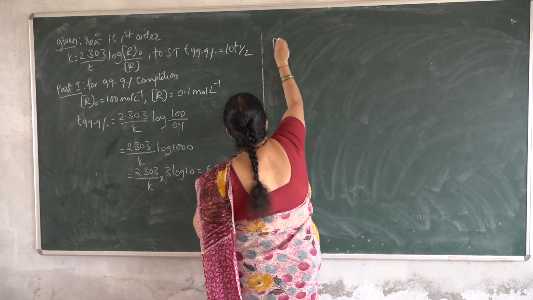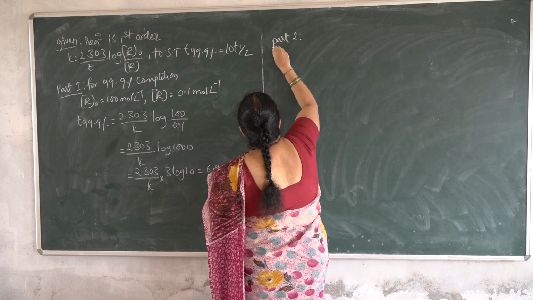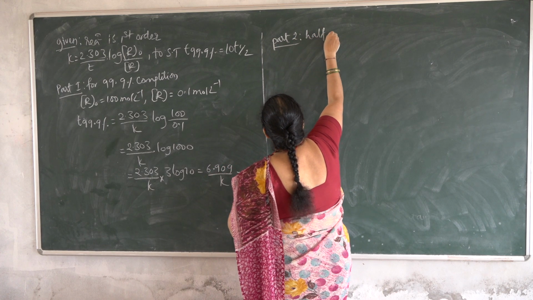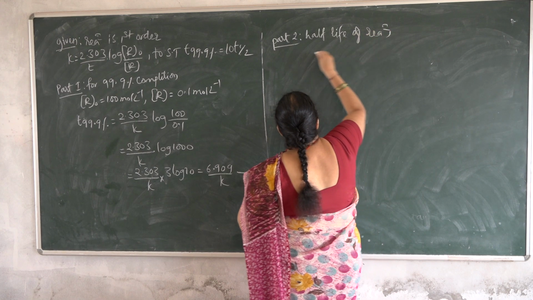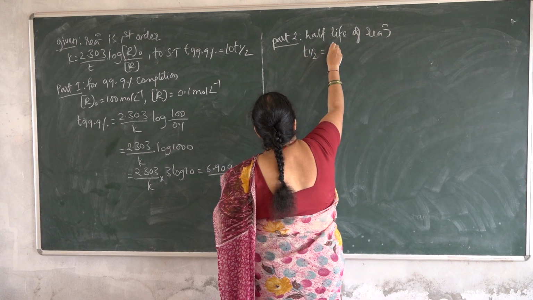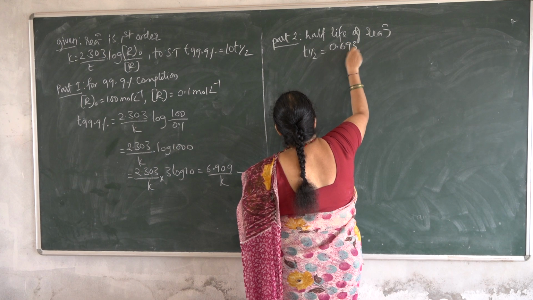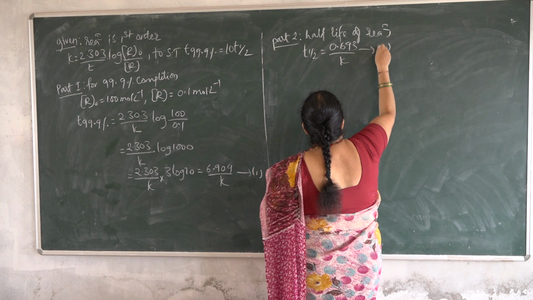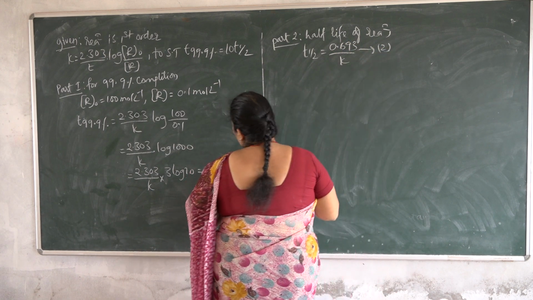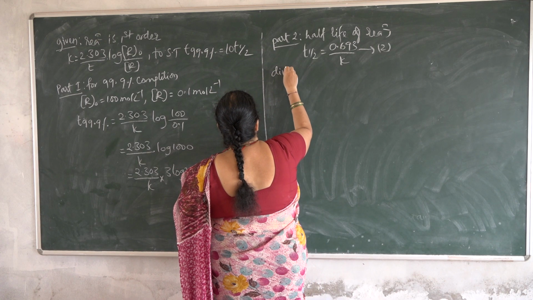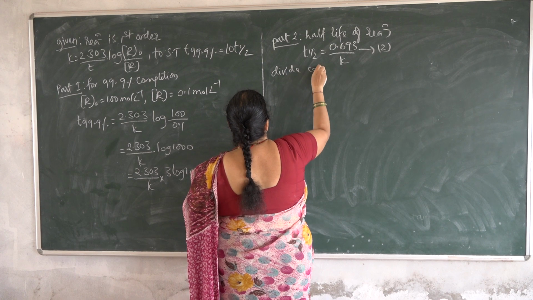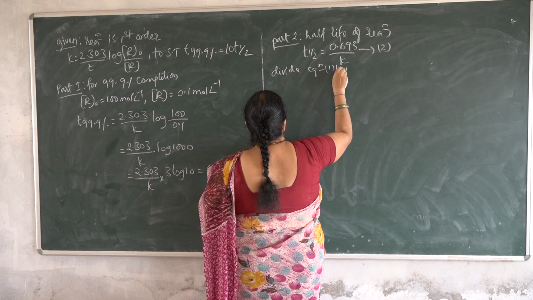Now part 2. Half life of a reaction is given by T half is equal to 0.693 divided by K. That is equation 2. Now we have to divide equation 1 by 2.